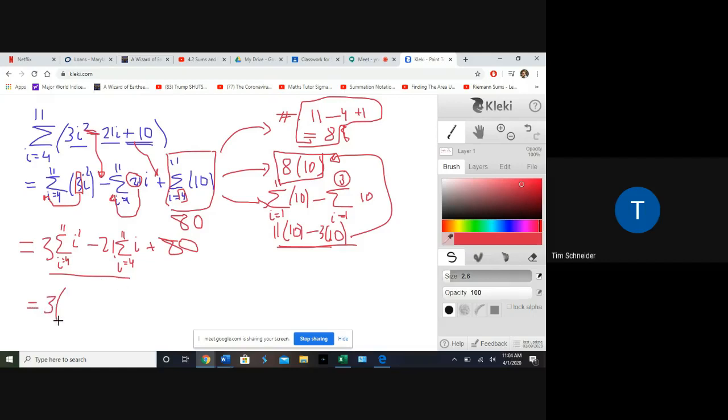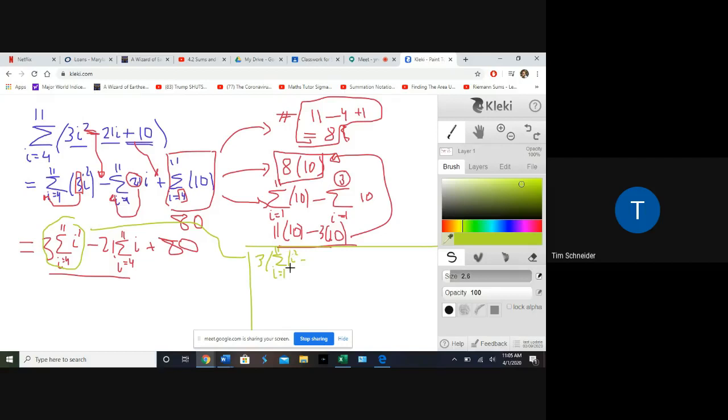So 3. Let's actually make this a different color to make it a little bit more obvious. We're doing this part now. I'm actually going to do this off to the side, running out of space. We have 3 times the sum from i equals 1 to 11 of i squared minus, oops, nope.